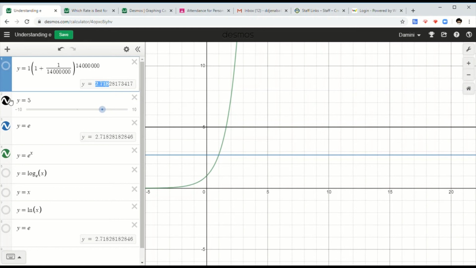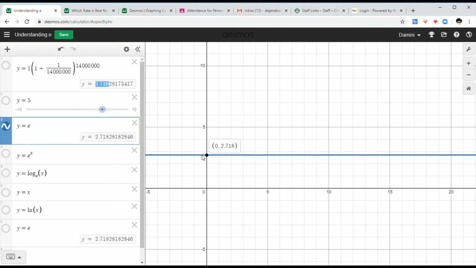So check this out. If I have Y is equal to E, we have a constant line at 2.718 because, again, E is an actual number, right? It's an irrational number, but it's a constant number.